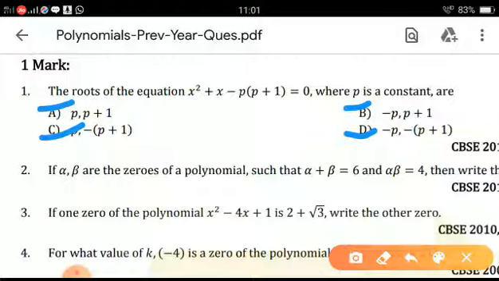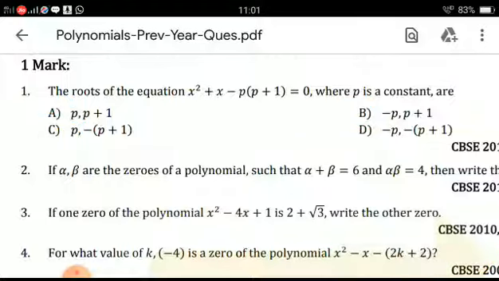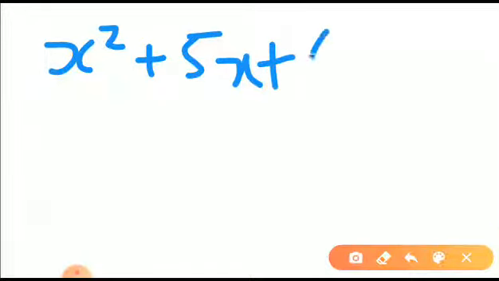Now check what the polynomial is. Before that, just see if I have x square plus 5x plus 6. Can you tell what will be the roots of this equation? How to find the roots? First you find the product and the sum.